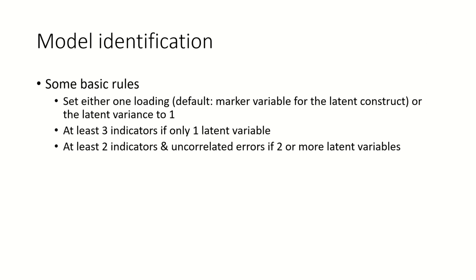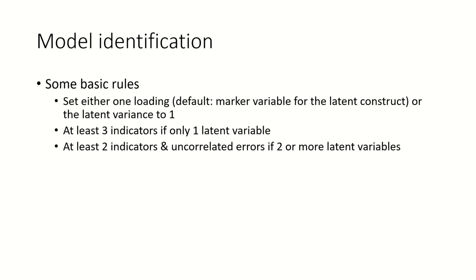So, what do we need to do in terms of identifying a model? This is actually something that is not trivial and quite important. Unfortunately, a lot of times people kind of gloss over that a little bit.